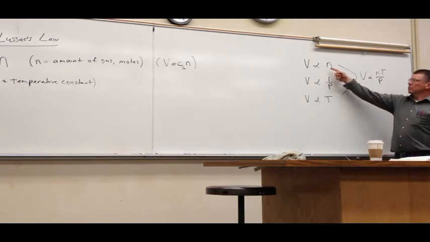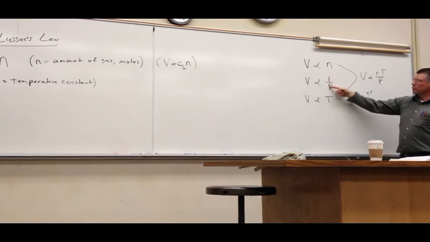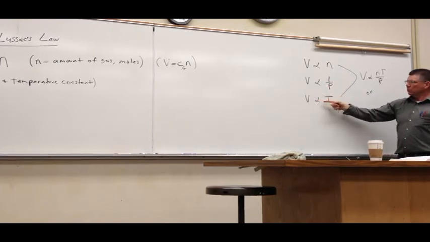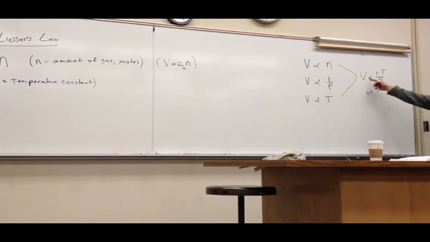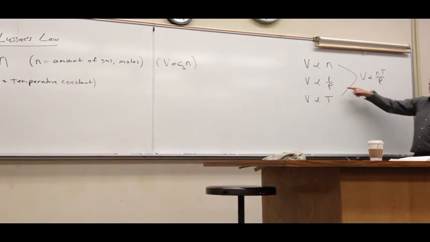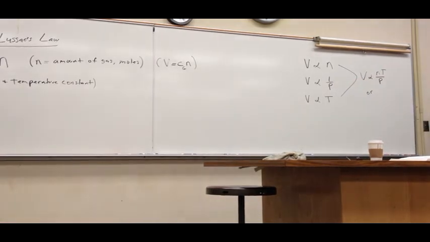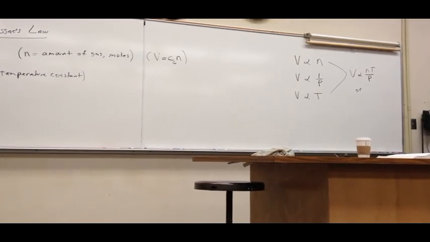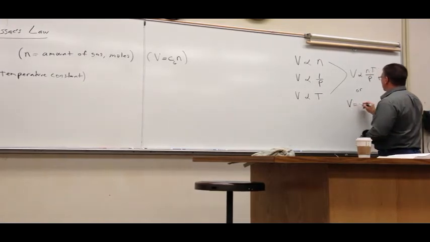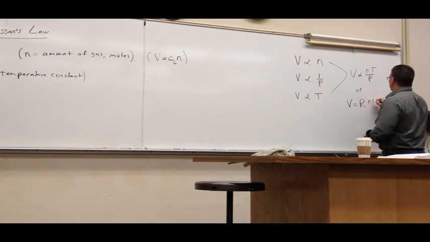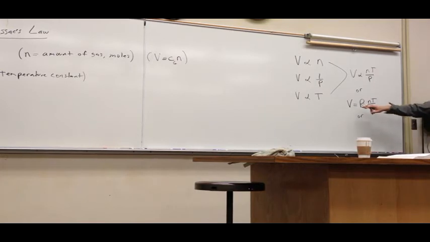It's proportional to n when P and T are constant, proportional to 1 over P when n and T are constant, and proportional to T when n and P are constant. Then altogether, volume must be proportional to nT over P. And now we're going to write this a little differently. We're going to use the constant of proportionality, call it R, because that's what they did. V equals R times nT over P, or rearranging this.